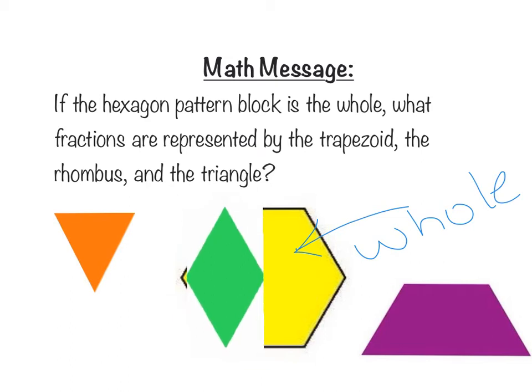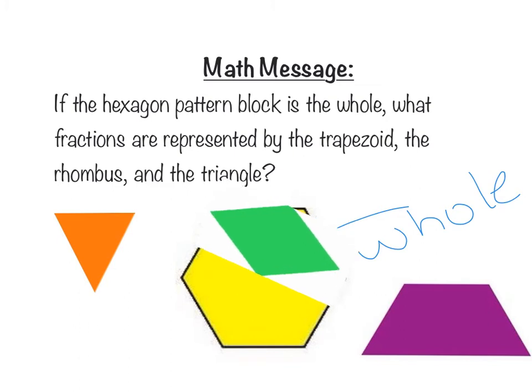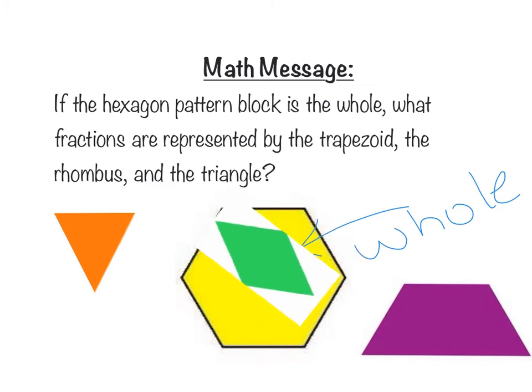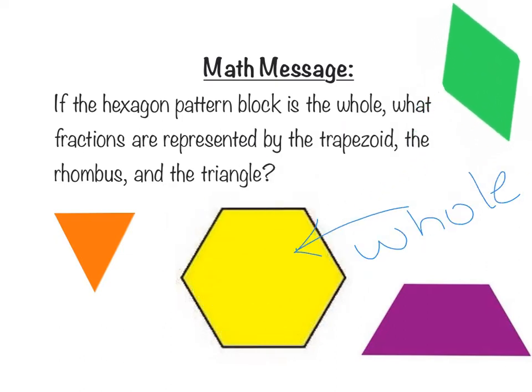I can actually fit 3 of those on there. They kind of go in different shapes, or spaces, I mean. It actually looks like a 3-dimensional square when we do that, and you'll see how we do it in class. But basically, that particular shape, that rhombus, would be 1/3 of the hexagon.